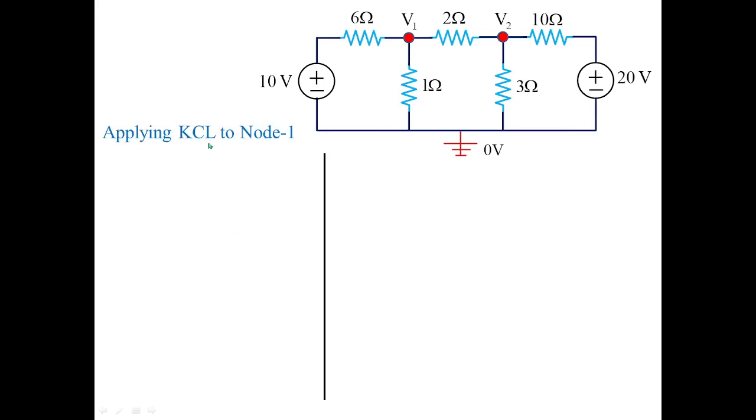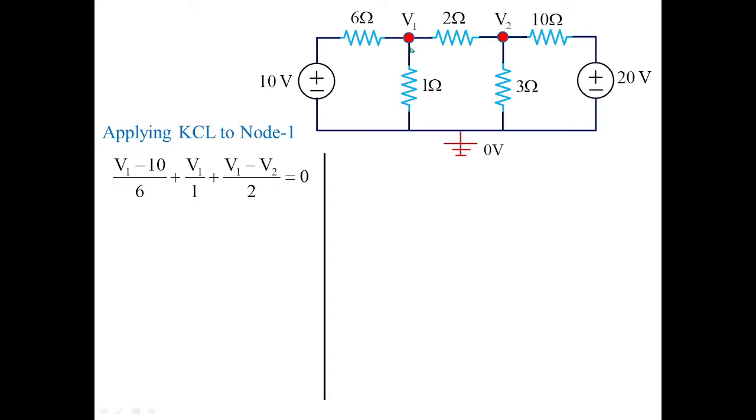So we are going to apply KCL for node 1 here. V1 is the voltage which we have selected, assuming this to be at higher potential and the rest of the voltages at lower potential. So I am considering V1 minus 10 by 6, because the lower potential minus sign is situated at the bottom. This 6 is the branch resistance of this particular branch, so V1 minus 10 by 6 is one branch current.